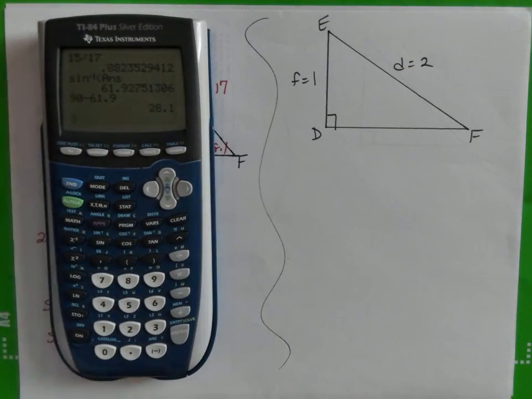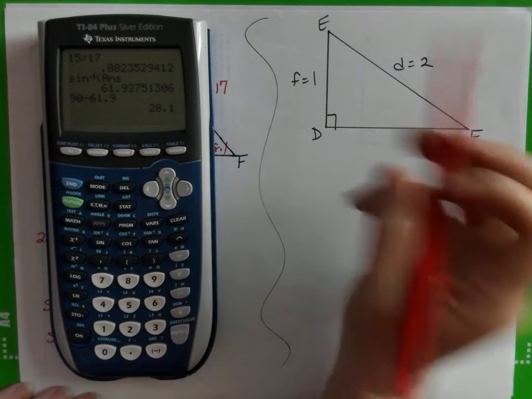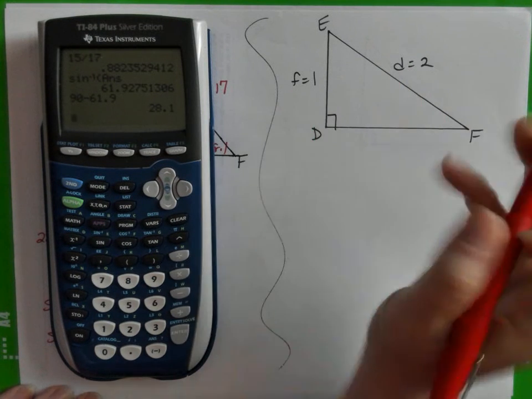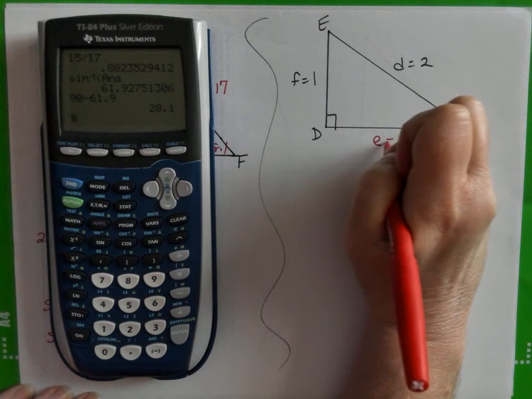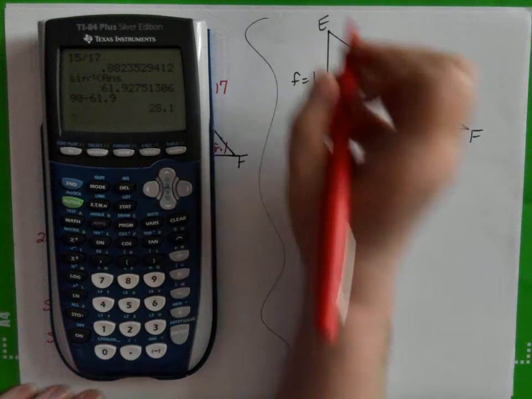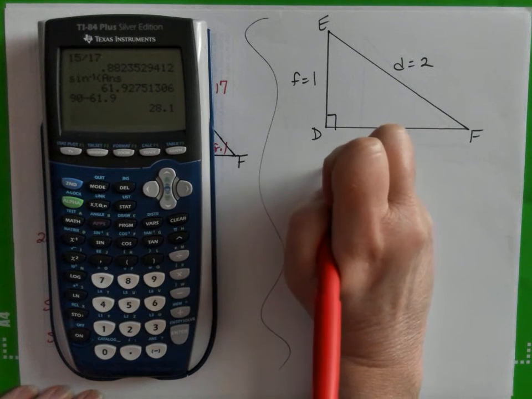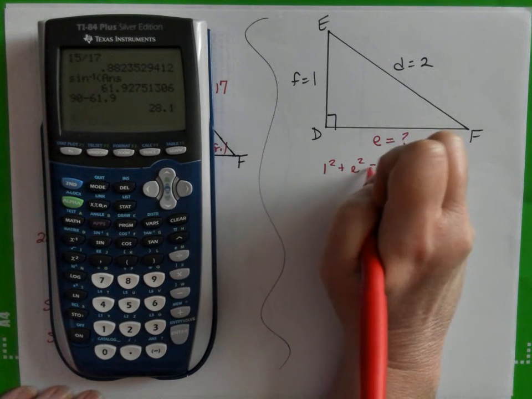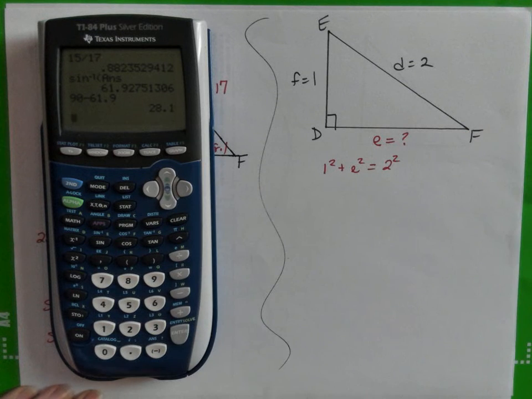Okay, I'm just going to use the calculator to cover that one up. All right, we know side F, we know side D, we do not know side E. So let's calculate it. Again, our Pythagorean theorem takes us where we need to be. So 1 squared plus E squared equals 2 squared.